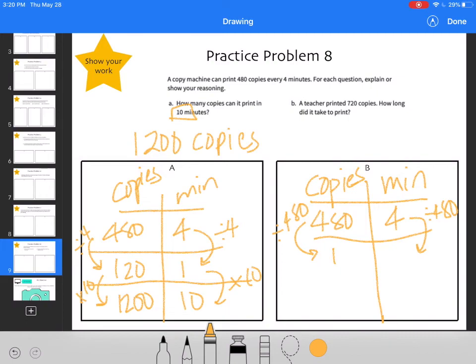So 4 divided by 480 is 0.0083 repeating. So leave that in your calculator because you're going to need that crazy long number. So I want to figure out what 720 copies is going to be. So I'm going to multiply by 720. So in my calculator, I'm just going to hit 720 and I get 6. So 6 minutes.